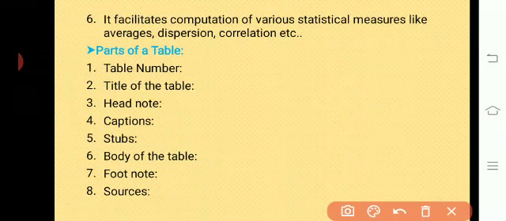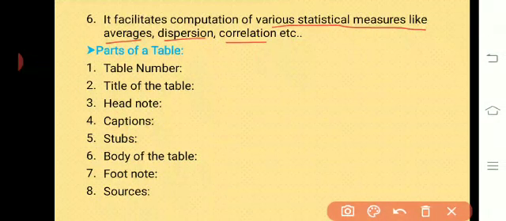One more objective is there: it facilitates computation of various statistical measures like averages, dispersion, correlation, etc. If tabulated data is there, then easily we can use some statistical tools, or we can calculate some statistical inferences like averages, dispersion, correlation, etc.